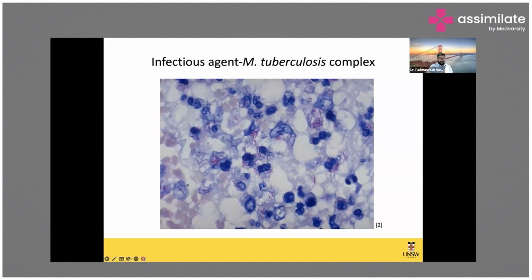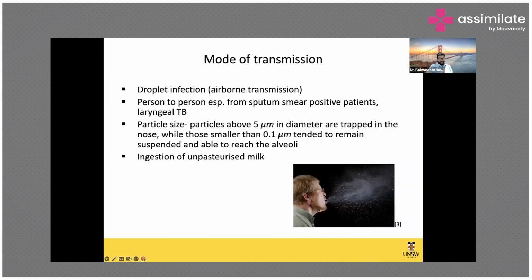We know that there are multiple infectious agents for tuberculosis, and the most important is Mycobacterium tuberculosis, which causes pulmonary tuberculosis and extrapulmonary tuberculosis. They are usually acid-fast bacilli, visible in the modified Ziehl-Neelsen technique as pink rods.